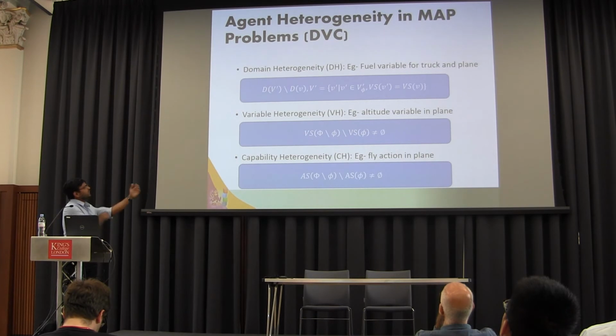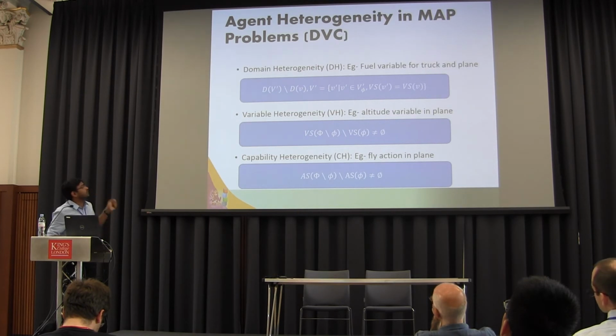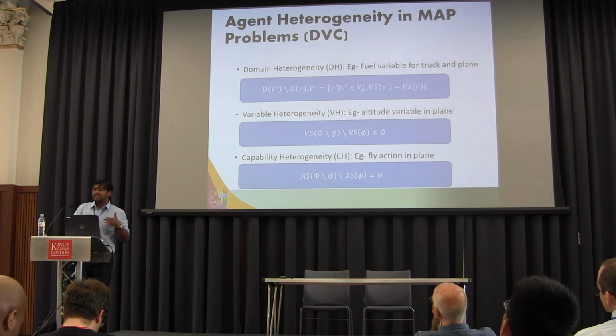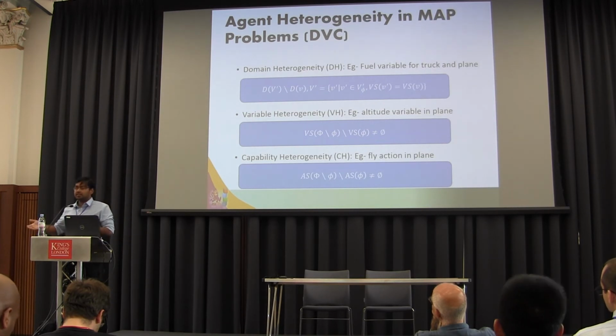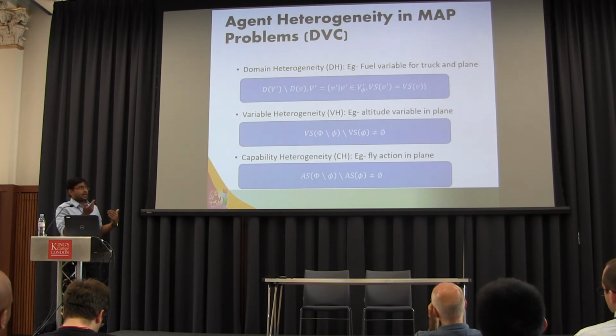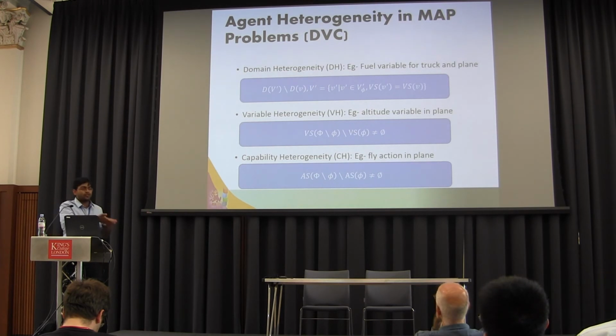Now, we say a given multi-agent problem has heterogeneity if it satisfies one of these properties. It has domain heterogeneity if two agents have similar variables but their domain is different. For example, in the logistics domain, truck and plane have fuel variables, but the actual fuel value could be different for both agents.